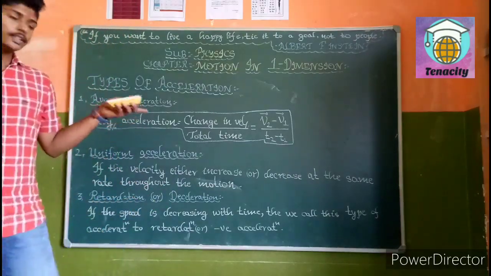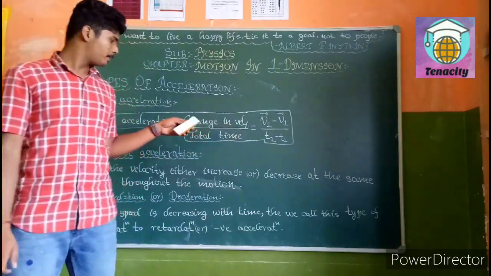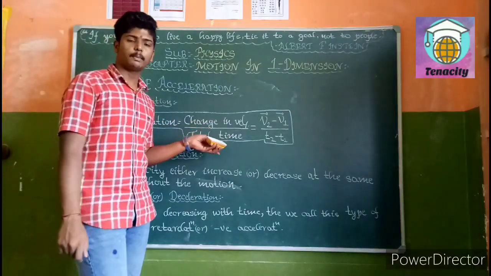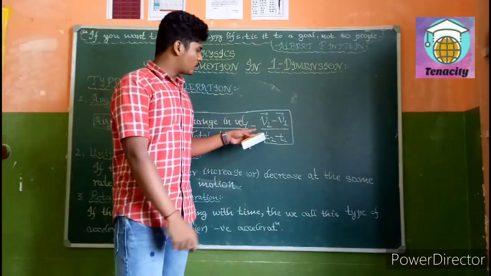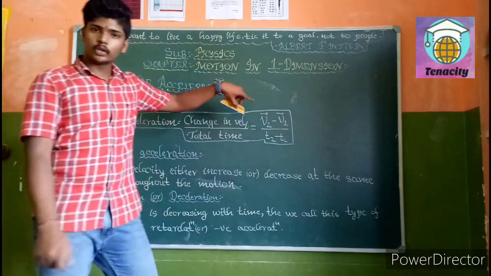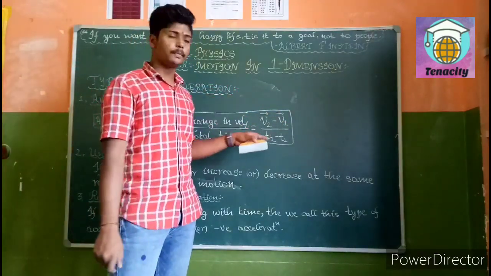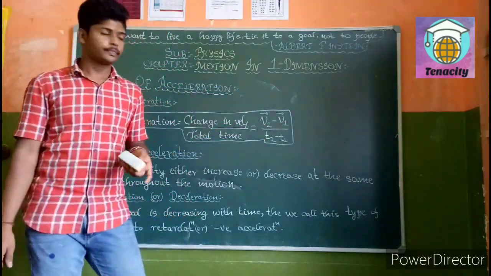So average acceleration is equal to change in velocity by total time taken, that is equal to v2 minus v1, written in vector form, by t2 minus t1.